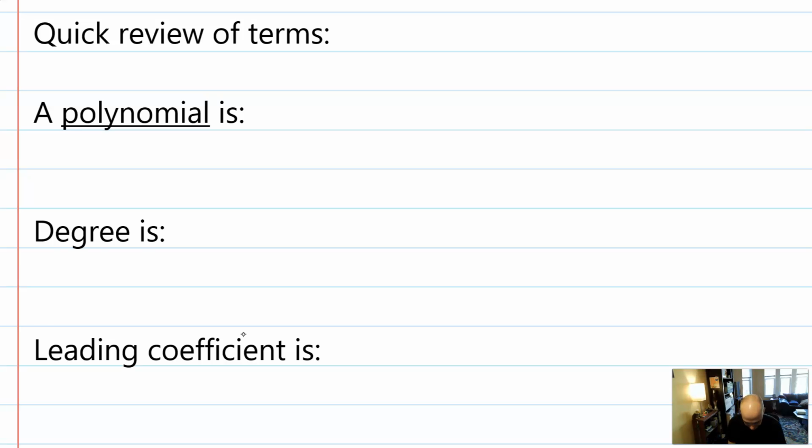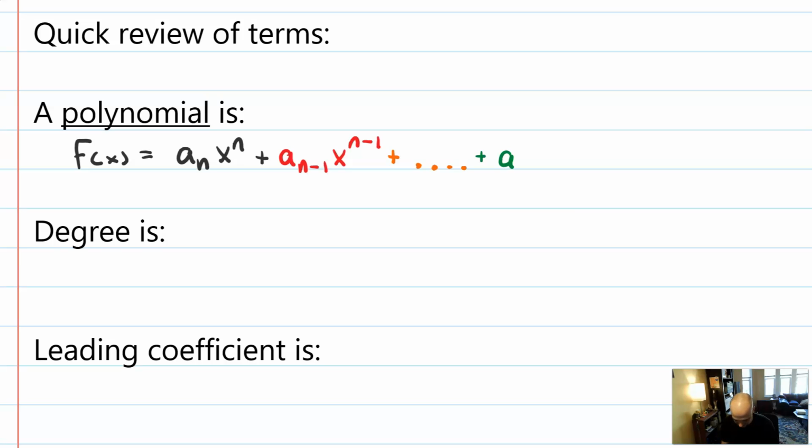A polynomial is going to be any function or expression of the following form. f(x) equals a sub n, x to the n, plus, that's the first term, a sub n minus 1, x to the n minus 1, plus, and we can keep going, and eventually we get to a sub 2 x squared, a sub 1 x, and a sub 0, x to the 0.